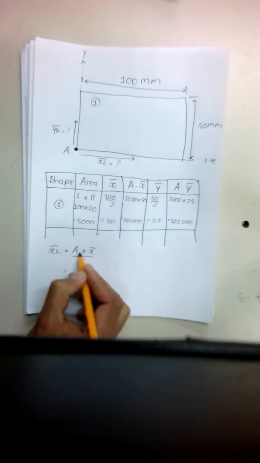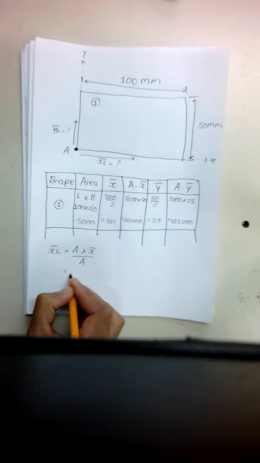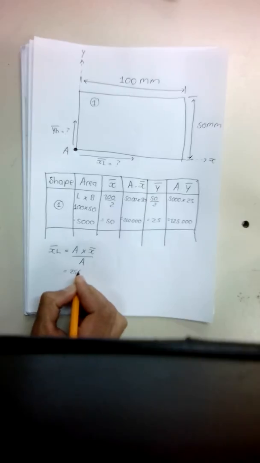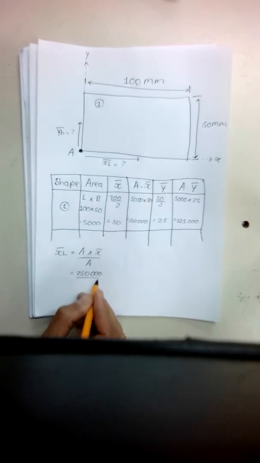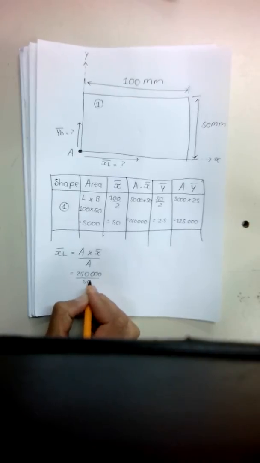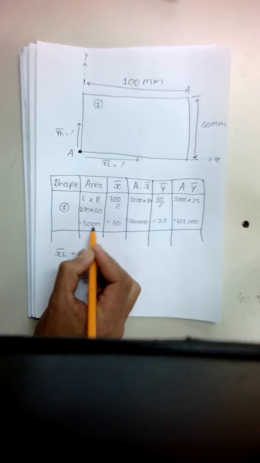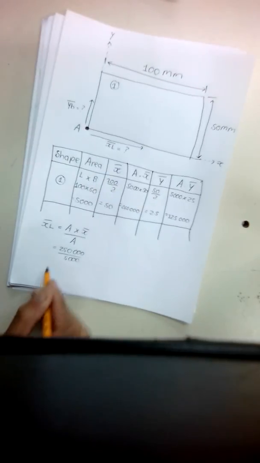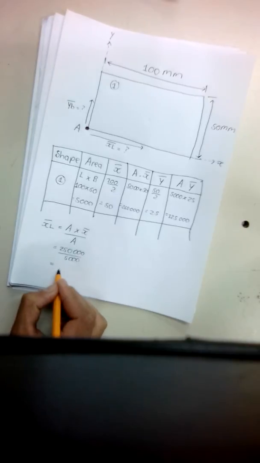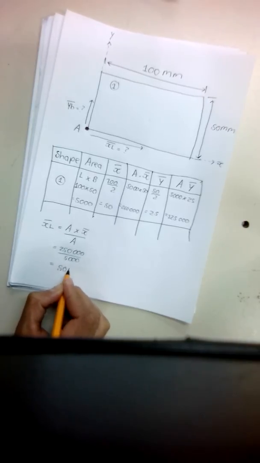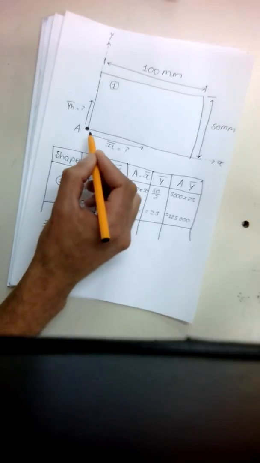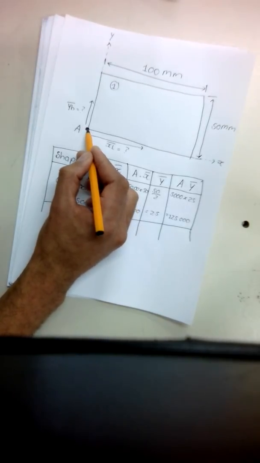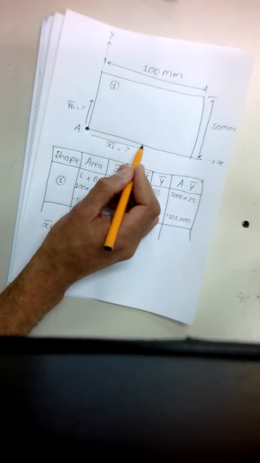And this here has already been calculated in the table, which is 250,000 divided by the area, which is 5,000, calculated here already. And that will give us 50 millimeters. So this 50 millimeters is the distance from the reference point to the center of the object.